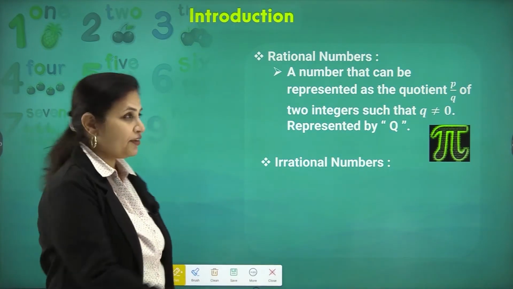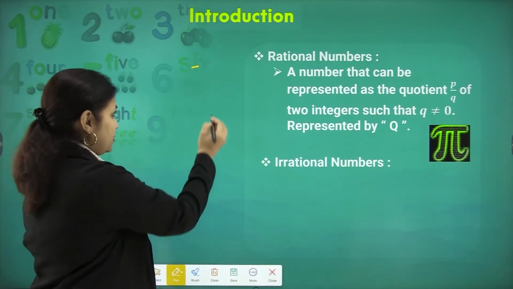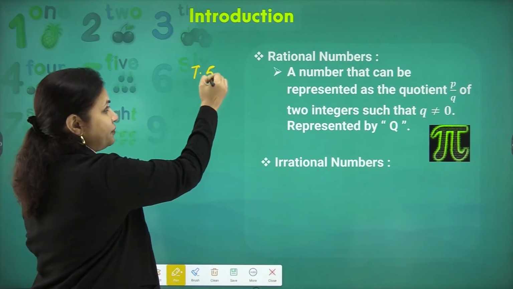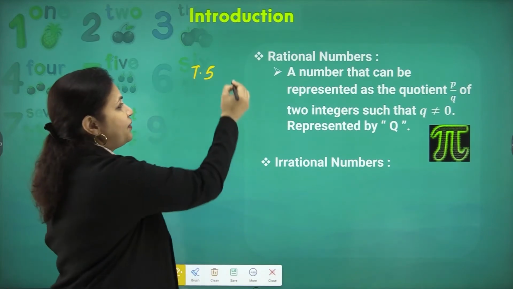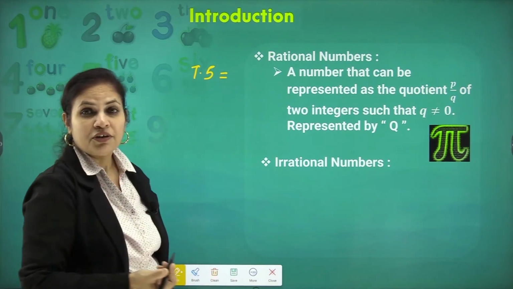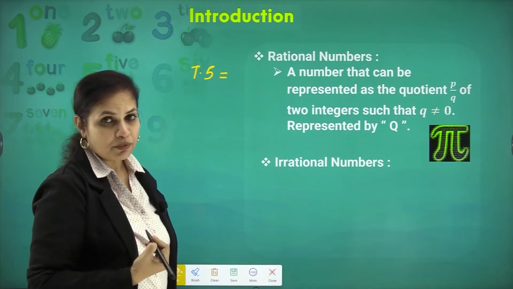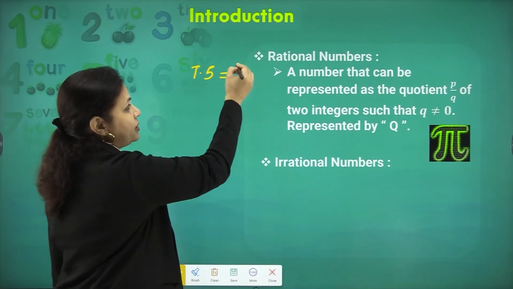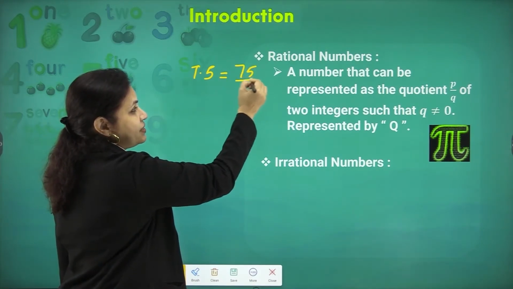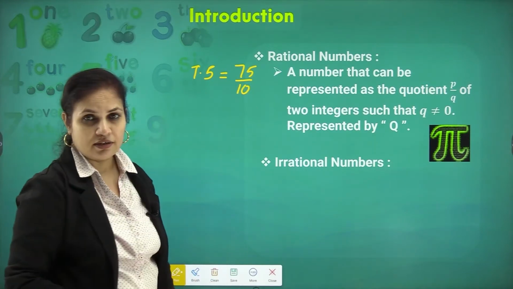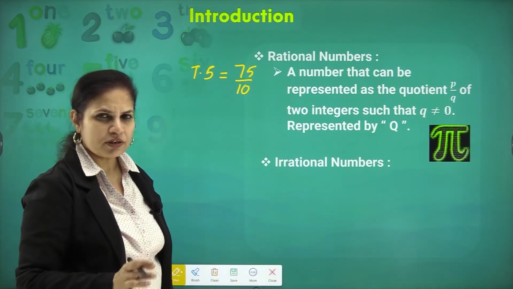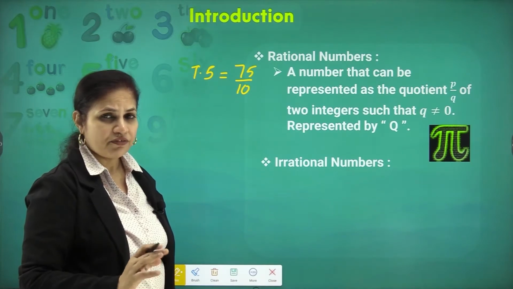For example, if I take a decimal number 7.5 and represent it in the form of P upon Q, that is numerator upon denominator, I will write it as 75 upon 10. It has a proper, definite denominator.